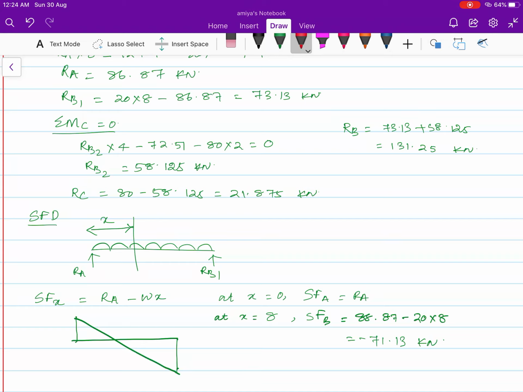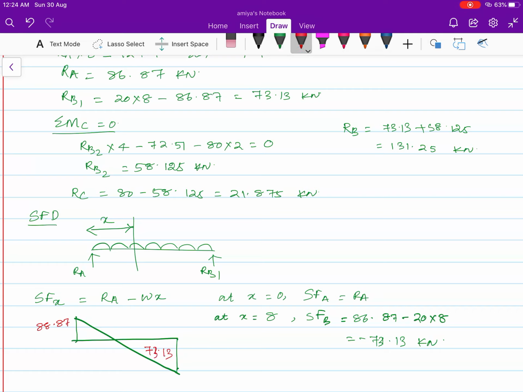That's why the shear force diagram for this section will be like this. So this is 86.87 and this is minus 73.13.